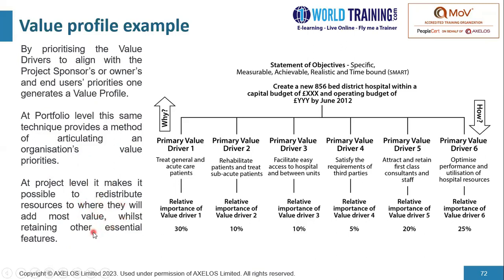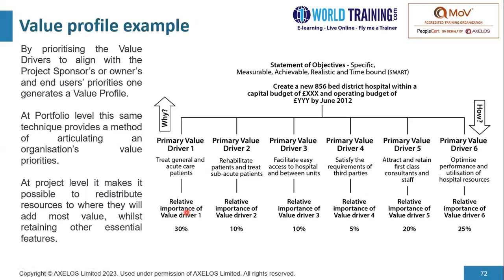So on this example, as we looked at earlier on, there is a project objective up there. It's a SMART objective. How is this objective accomplished? By making sure that we cater to the 6 value drivers. But then the question is, are each of these value drivers of the same value? What is the profile of each of these value drivers? Through engagement with the project sponsors and other stakeholders, we might arrive at a relative importance of each of the value drivers.